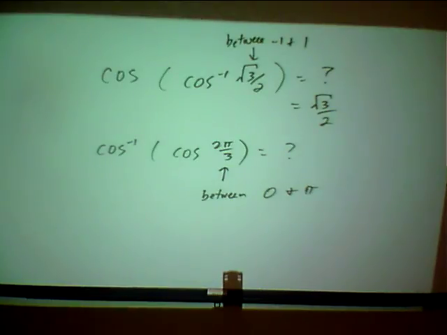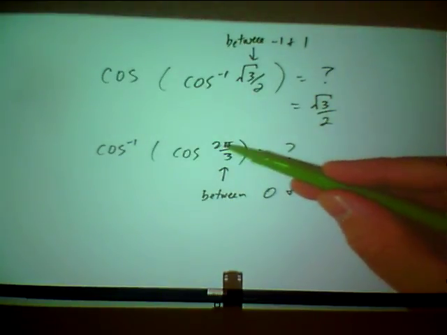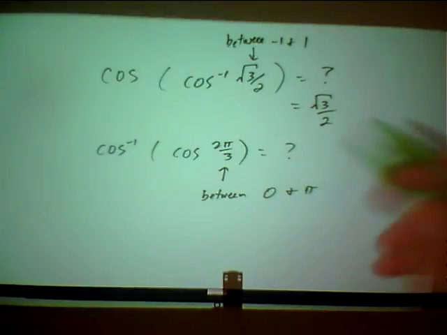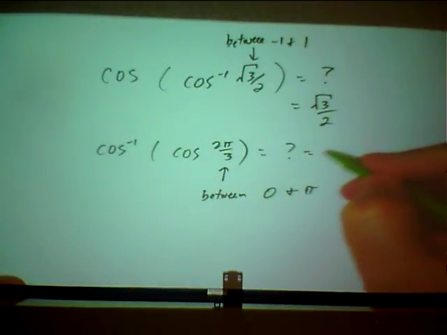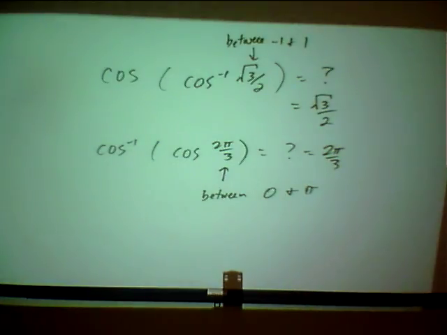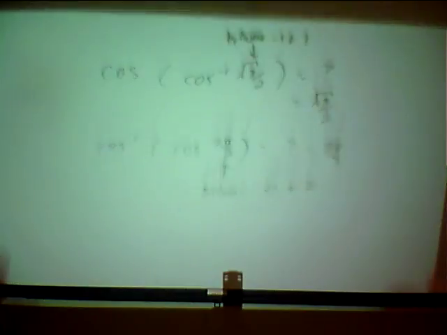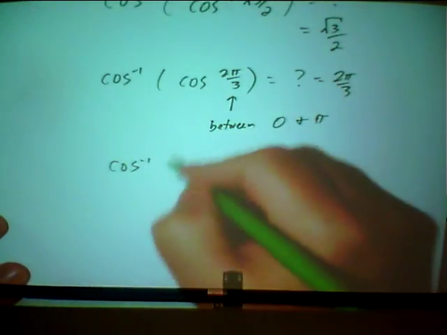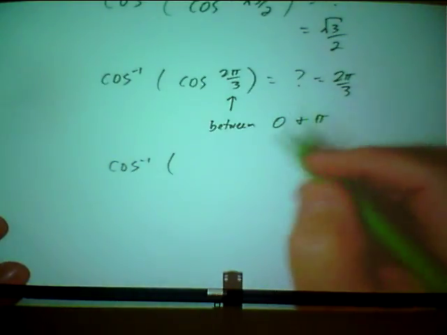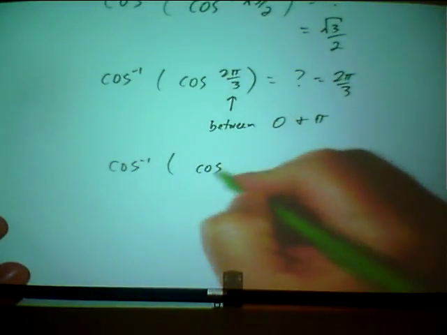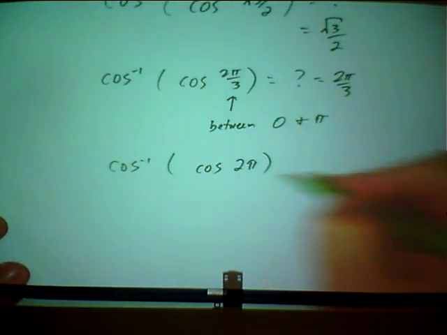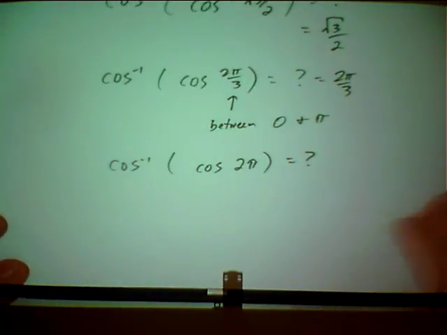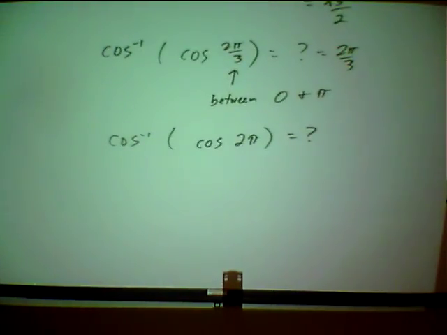Now because 2 pi over 3 is between 0 and pi, I can right away give this answer. However, I want to find this problem.